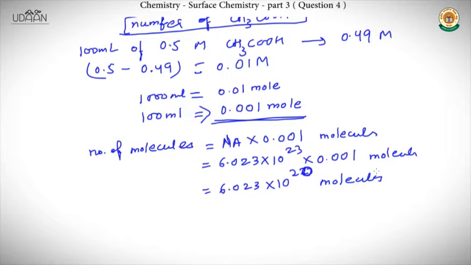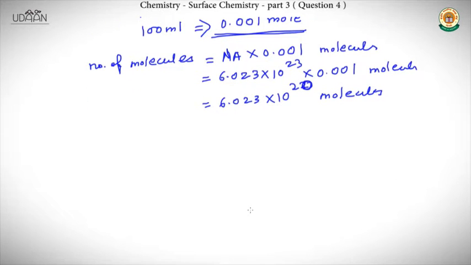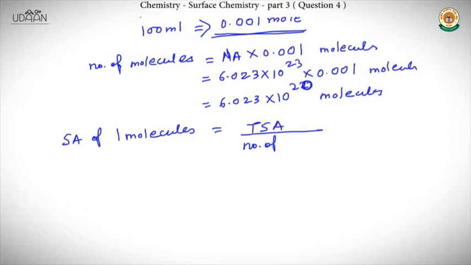So we have to divide the total surface area by this number to find our answer. The surface area which is covered by one molecule, which we need to find out in the question, is the total surface area of charcoal upon the number of molecules of acetic acid.